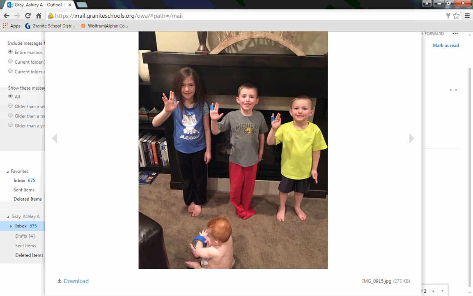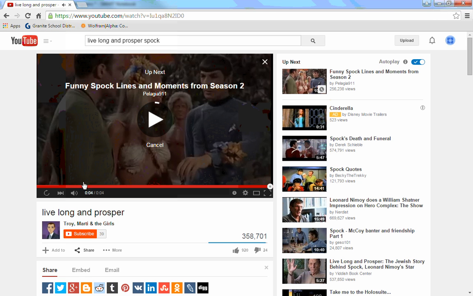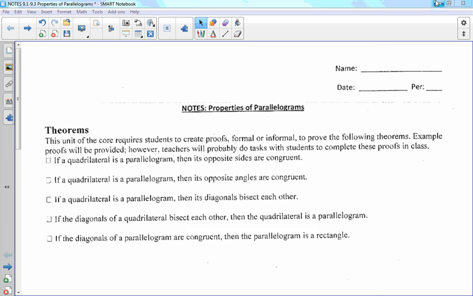So, on your notes, we're going to fill in parallelogram Spock. I'm going to pass out parallelogram Spock. You're going to staple it to the corner of your notes.